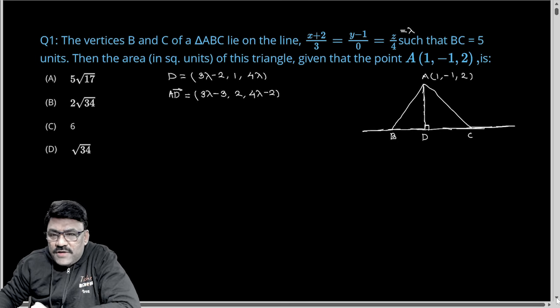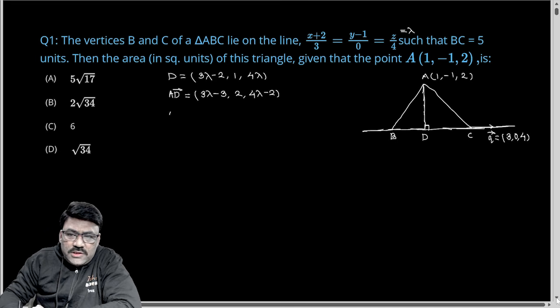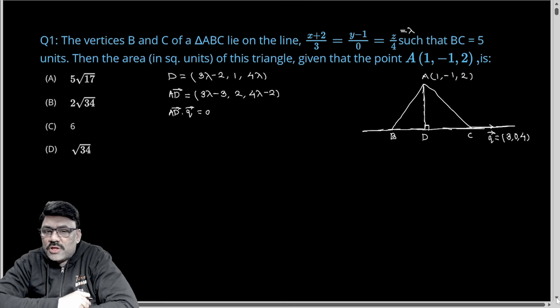And if I take a vector Q along the given line, it is basically the direction vector of the line, which is 3, 0, 4. So Q is 3i plus 0j plus 4k. Now obviously AD dot Q will be 0, because AD is perpendicular to Q.